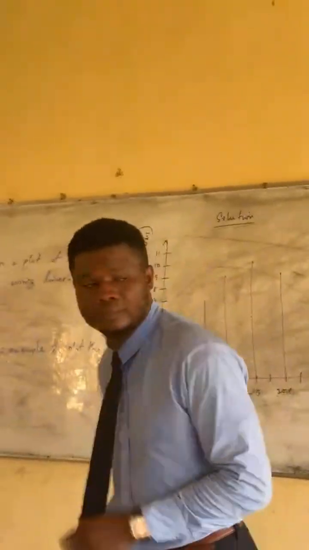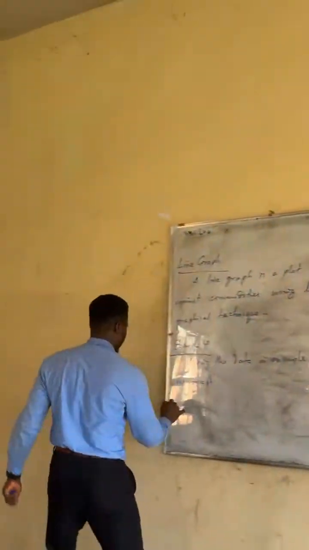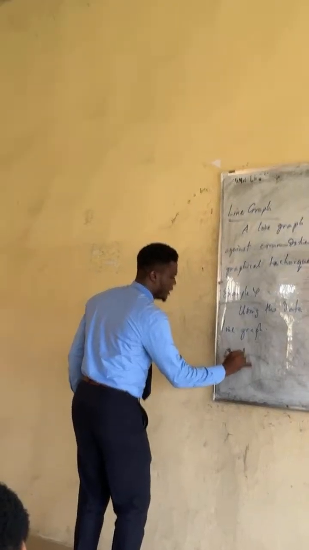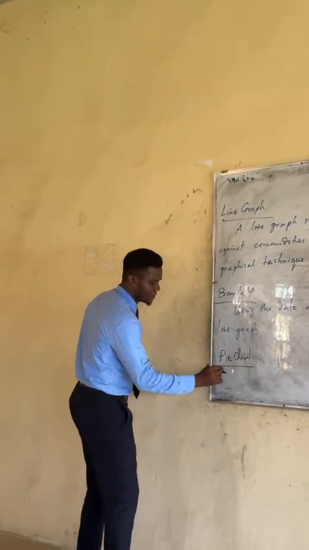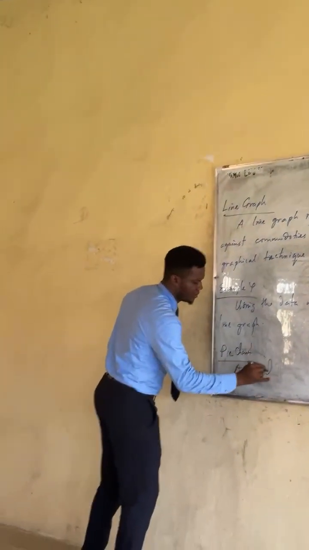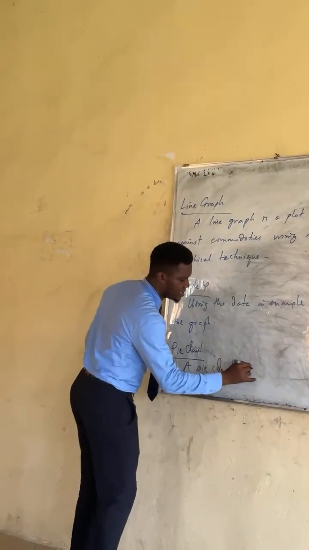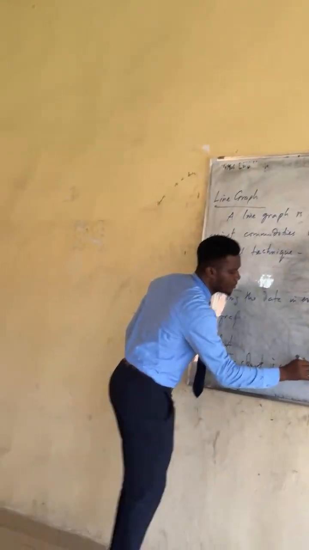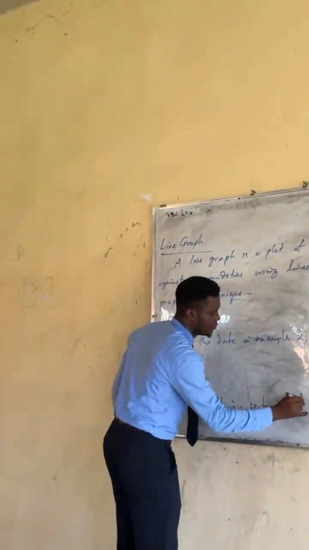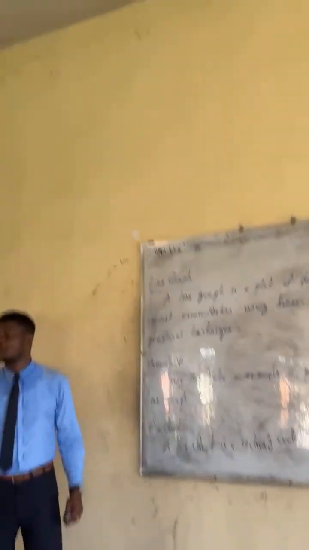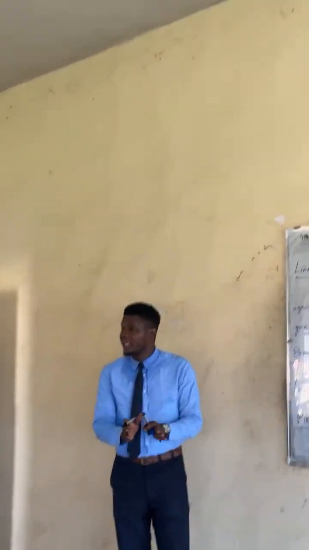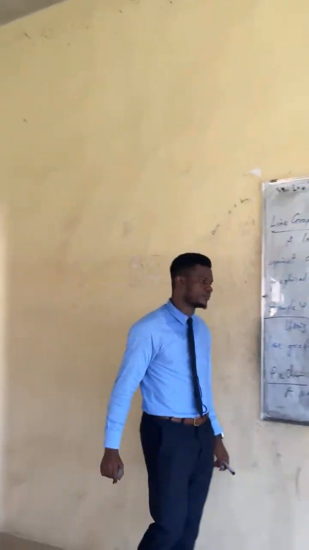Let's go to pie chart. Please write. A pie chart is a sectored circle. That's one way to put it. A pie chart is what? A sectored circle.